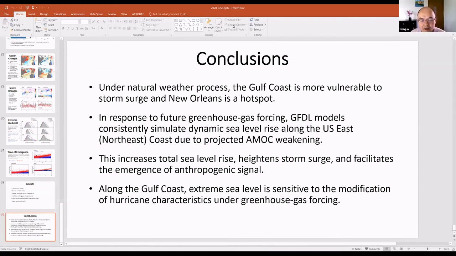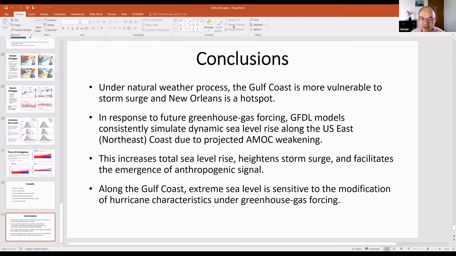Yeah, I know Tal Iser's work. It shows that if the Gulf Stream moves closer to the coast, that can influence the coastal sea level.